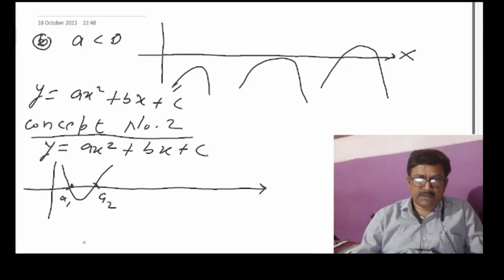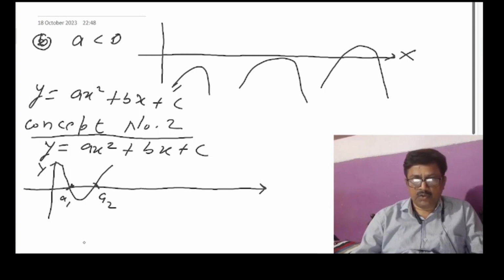So it means at this point y is what? y is 0. This is the y-axis. At the point x equal to a1, y is 0. Also at the point x equal to a2, y is 0. It means on those points where the graph cuts the x-axis, y becomes 0.